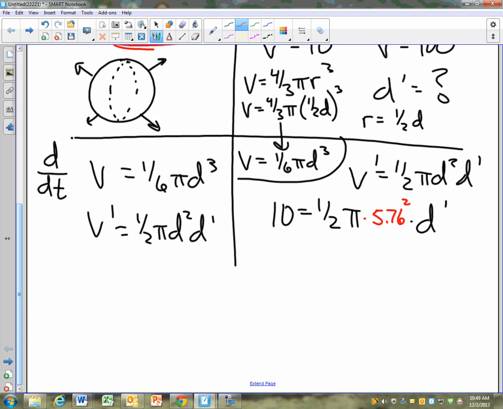So 10 is equal to 1/2 pi times 5.76 squared d prime. Or 10 is equal to, let's multiply that out, 0.5 times pi times 5.76 squared. You guys got 52.12? Divide both sides by 52.12.